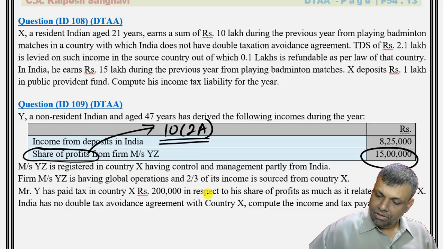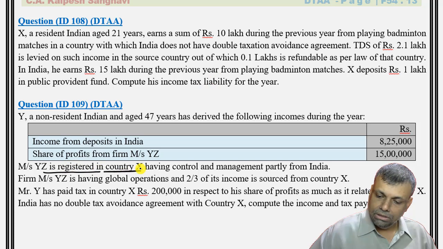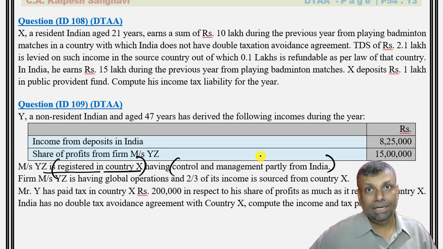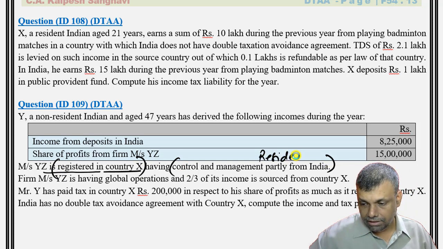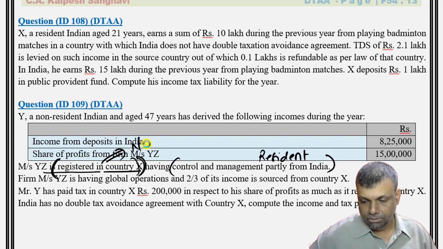Now, if you see this particular firm here, listen very carefully, this firm is registered in country X. But control and management is from India, partly from India. So it has become resident. But it is registered in country X, so this is not governed by Indian partnership law.